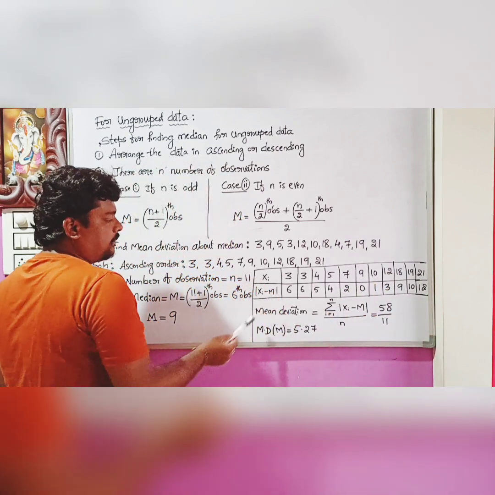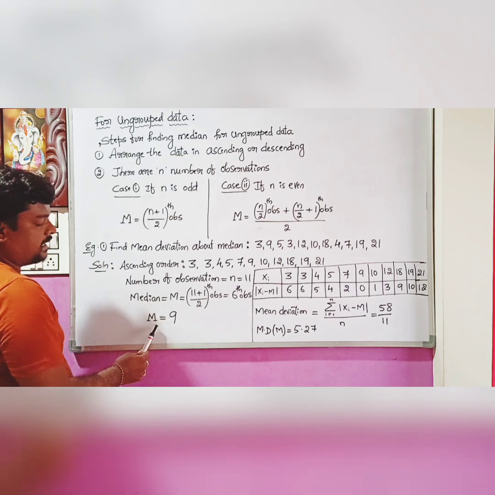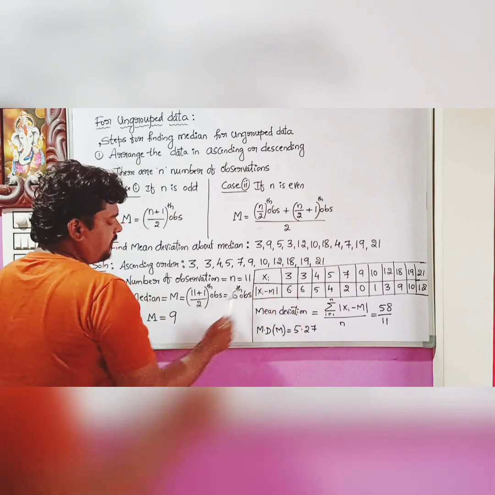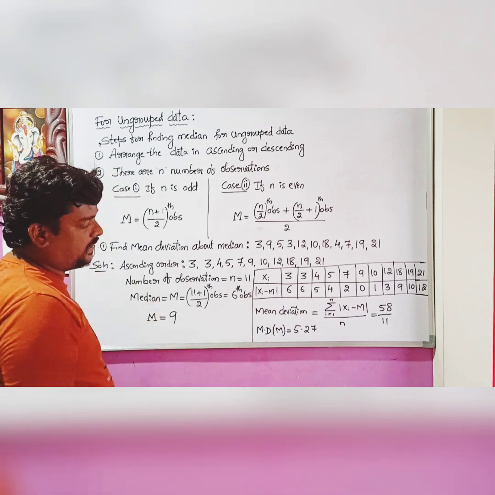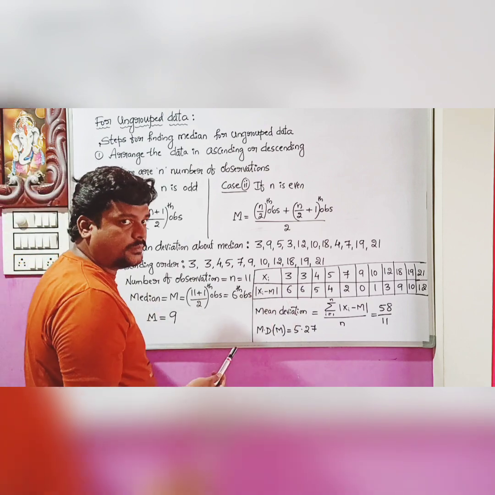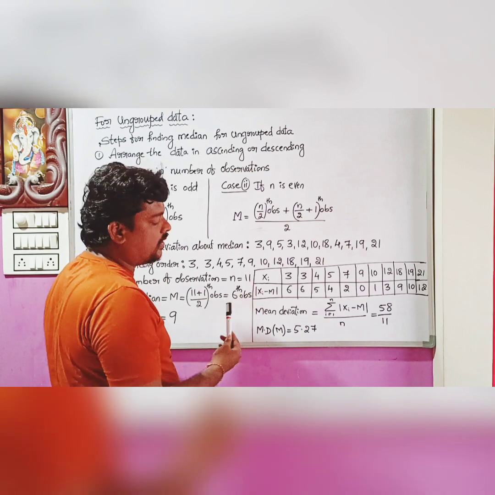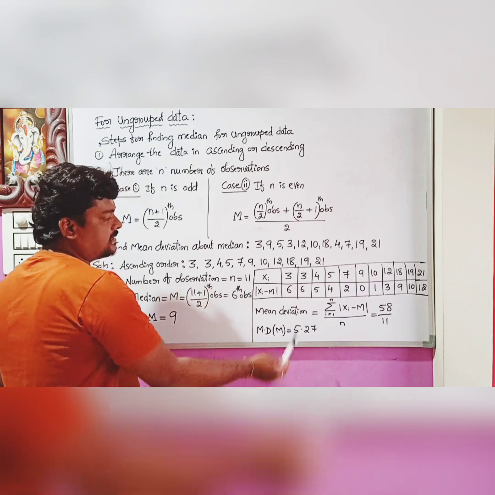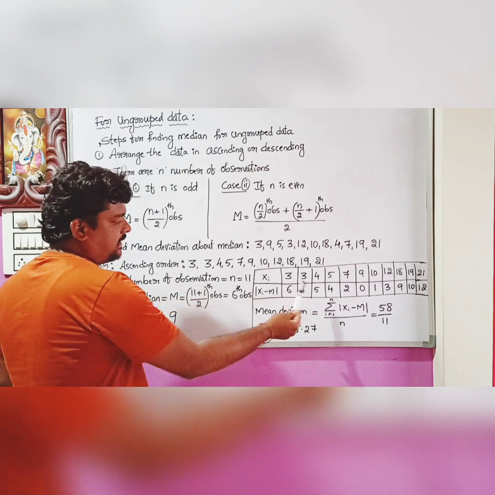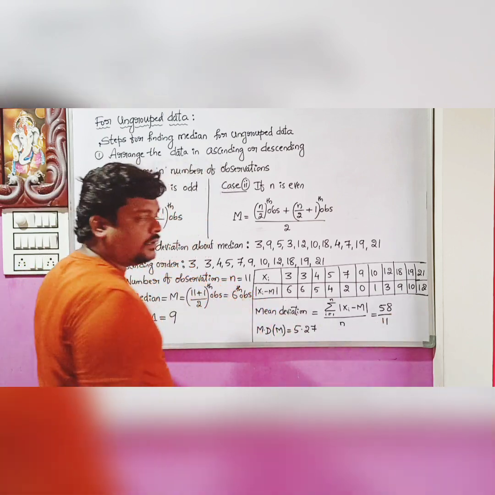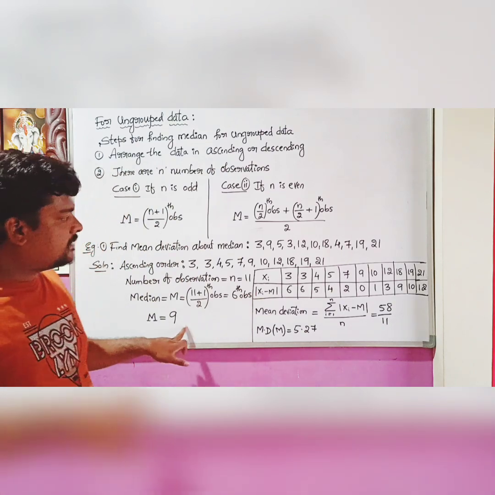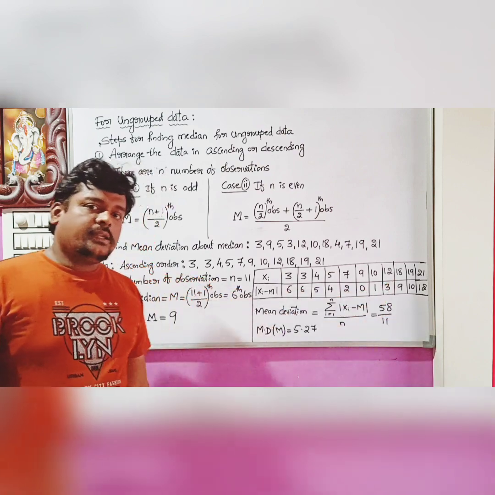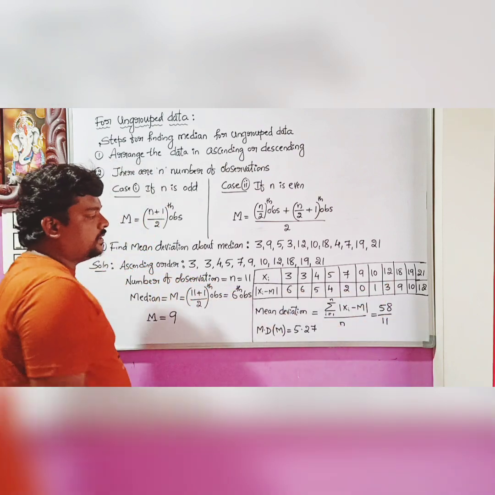We take the absolute value of xi minus M, where M is 9. 3 minus 9 is minus 6, but we are taking the absolute value, which means magnitude, the modulus. The difference between 3 and 9 is 6. Like that we write all the deviations, the difference between xi and M. These are the absolute deviations.